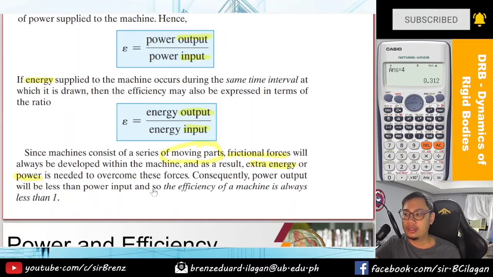The most desirable is 100% efficiency, but since these frictional forces exist, the efficiency is usually always less than 1. But as long as you're around 90%, we can say that it is still efficient.